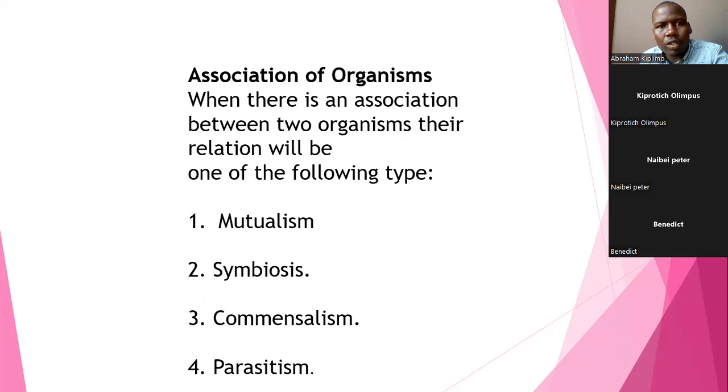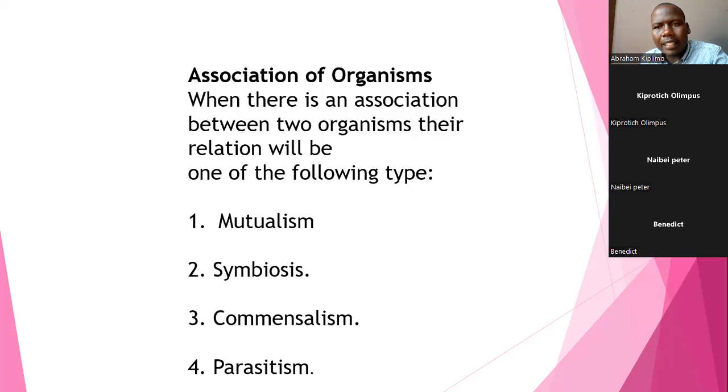What is the association of organisms? Number one, mutualism; symbiosis; commensalism; and number four is parasitism. Very correct.